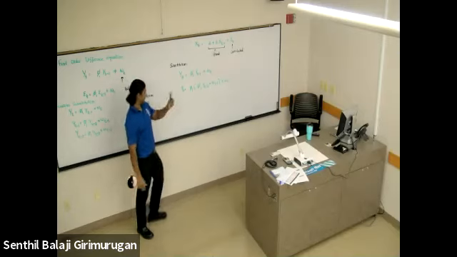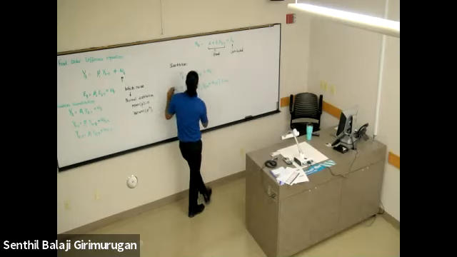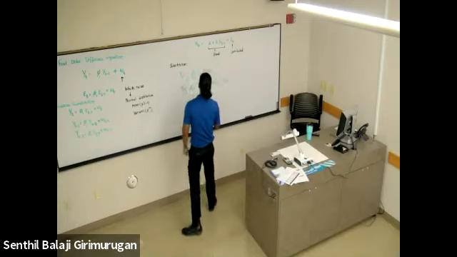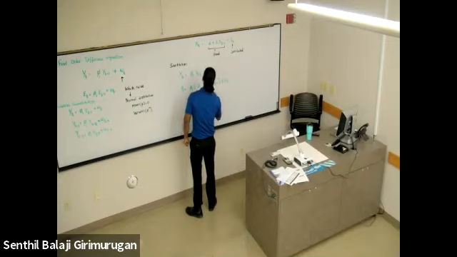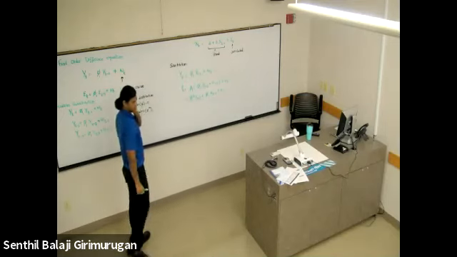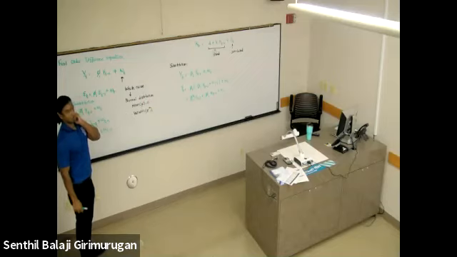This way you will get phi1 squared yt minus 2 plus phi1 wt minus 1 plus wt. Good.